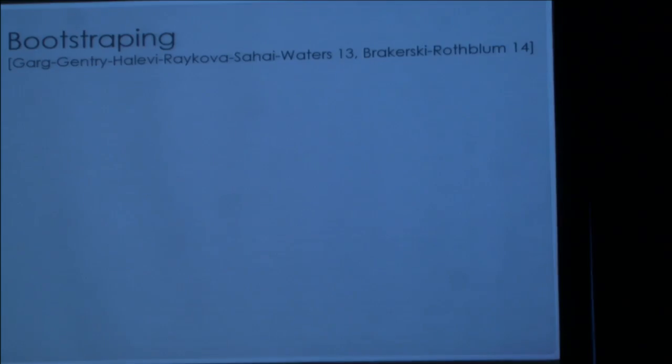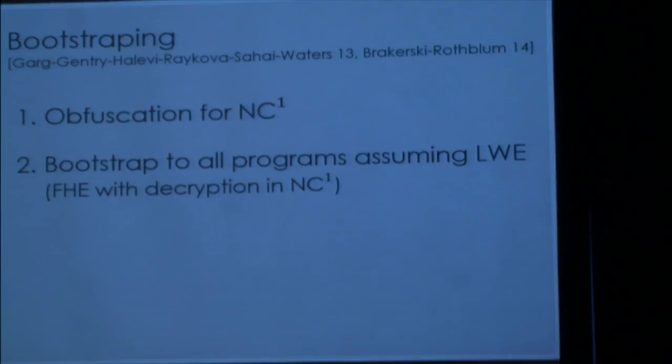Our construction follows this very powerful idea called bootstrapping. Bootstrapping gives us a blueprint for how to construct general purpose obfuscation. This blueprint says that if you want to obfuscate arbitrary programs, first you only need to obfuscate circuits in NC1, and then you can bootstrap this obfuscator and get obfuscation for all programs based on the hardness of the learning with errors problem.